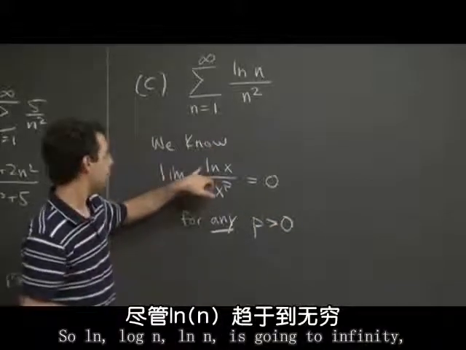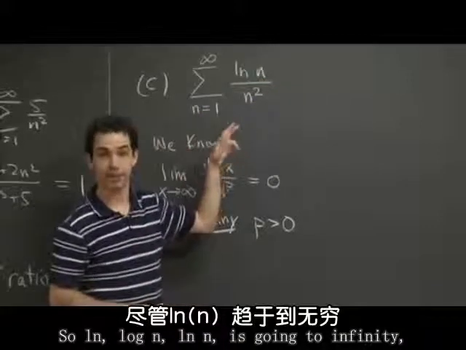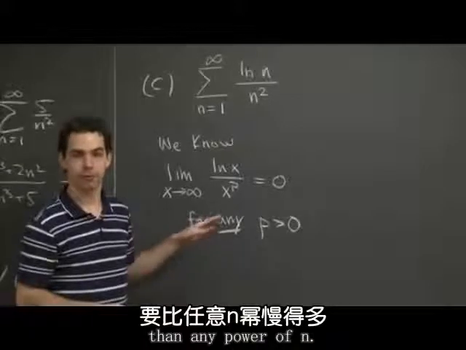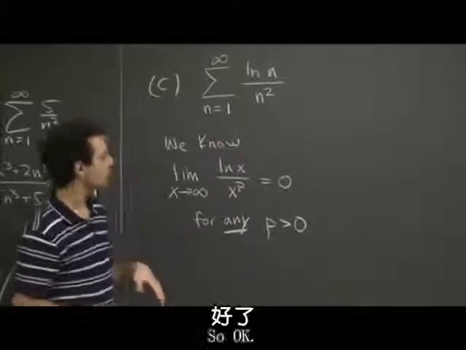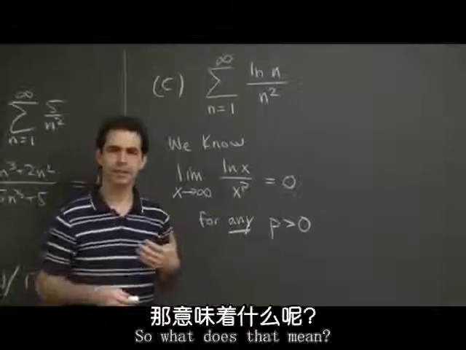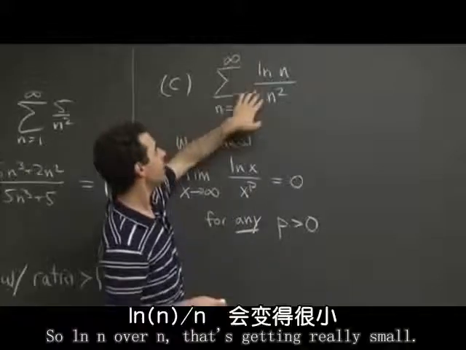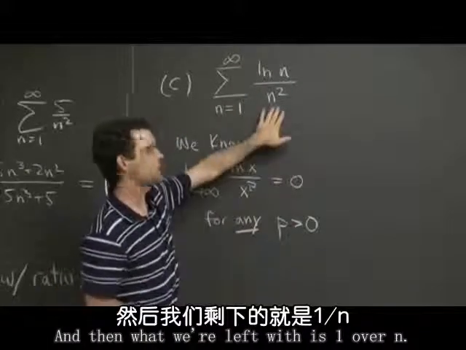So ln n is going to infinity, but it's going to infinity much slower than any power of n, or x down here. So what does that mean? Well, one thing you could do is say, okay, ln n over n is getting really small, and then what we're left with is 1 over n.